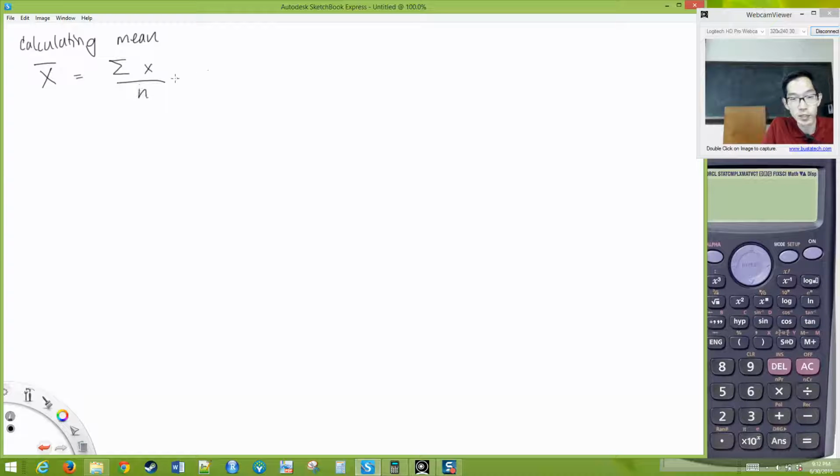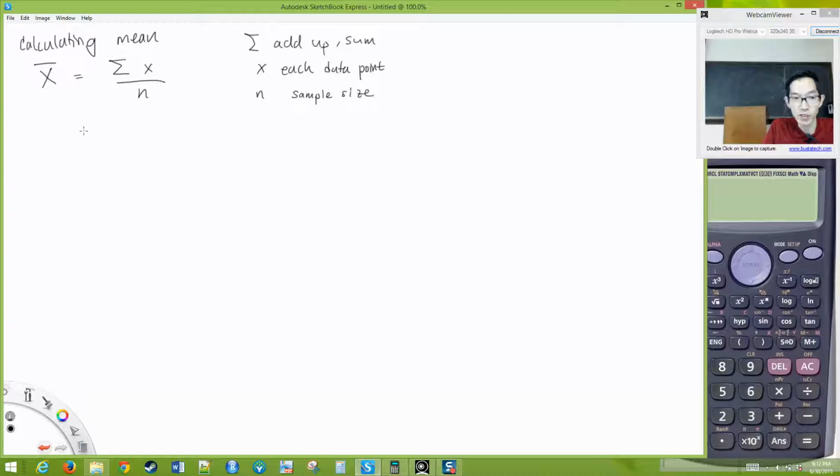The summation symbol means add up or sum. x is each data point, and n is your sample size, how many data points you have.